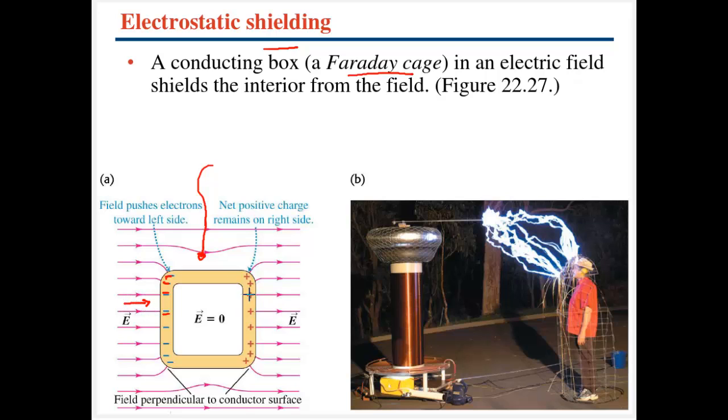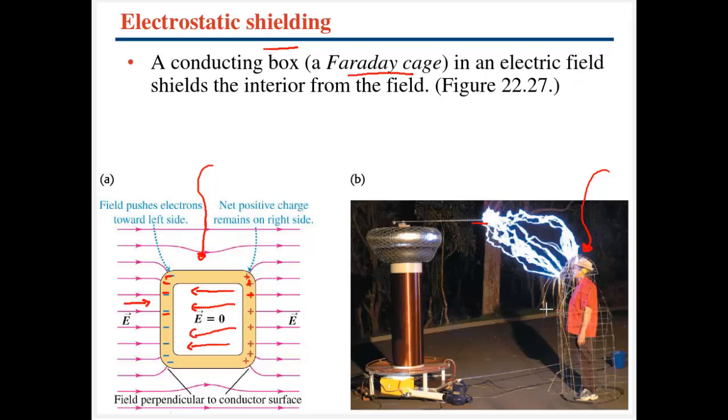All the positive charges are going to accumulate on this side, and it's going to set up an electric field that is going to cancel out that electric field, and we will have 0 net electric field inside of the conductor. What this means is we can create a shield such that we can try to shock someone with a huge Van de Graaff generator, and that person will be relatively safe.